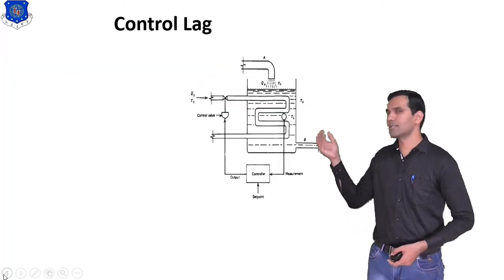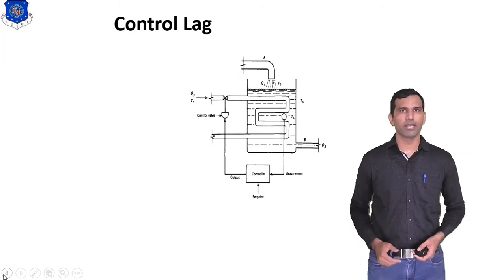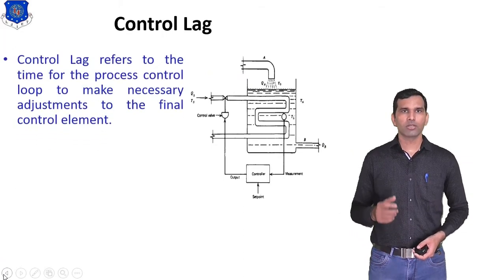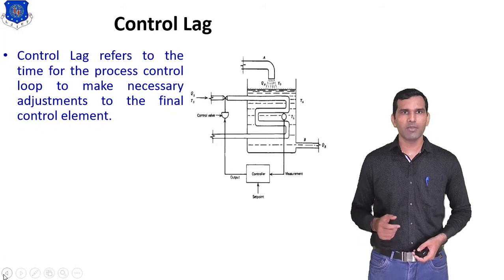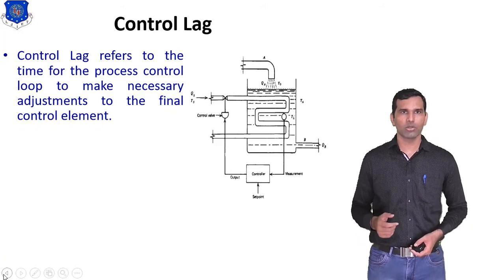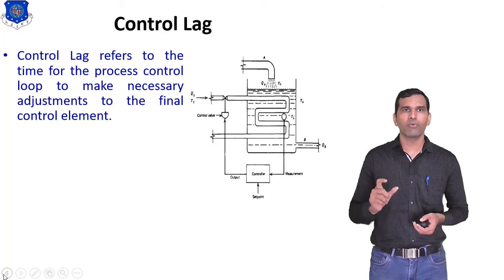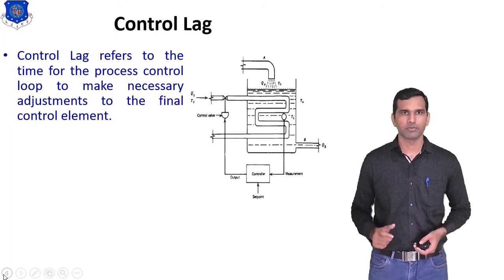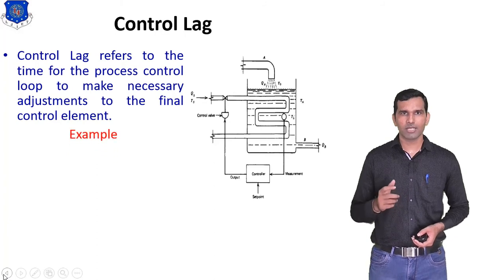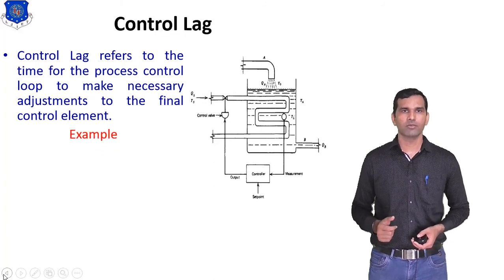Now we discuss the last point, control lag. Control lag refers to the time for the process control loop to make the necessary adjustment to the final control element. Now we discuss by help of this example.